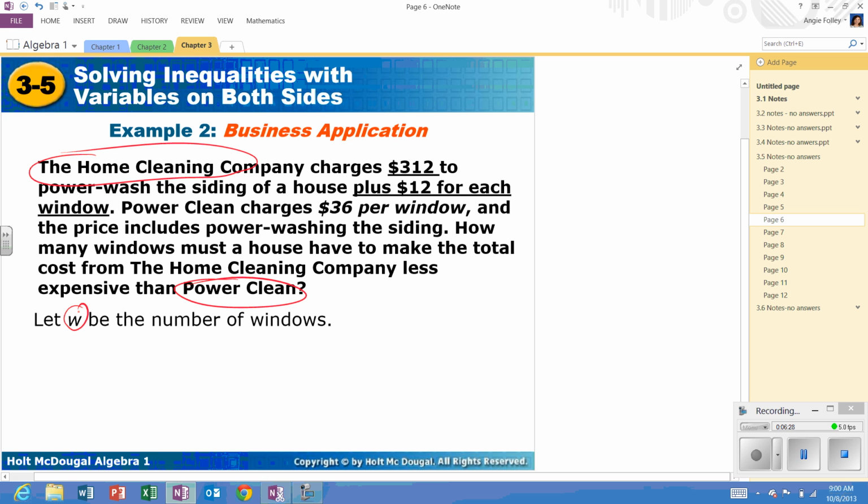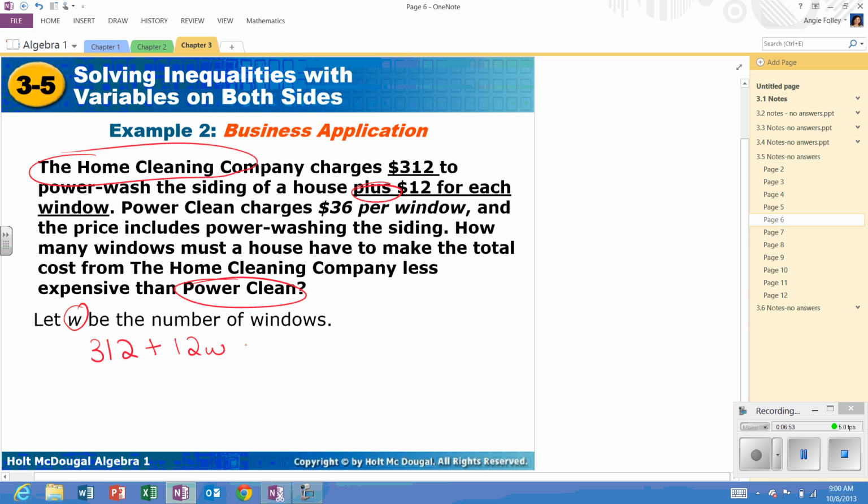Okay, so the home cleaning company we know charges $312 plus they charge $12 for each window. So we're going to add 12W because it's 12 times the number of windows. So that company, however much it's going to end up costing for your house, is going to be 312 plus 12 times however many windows we have.